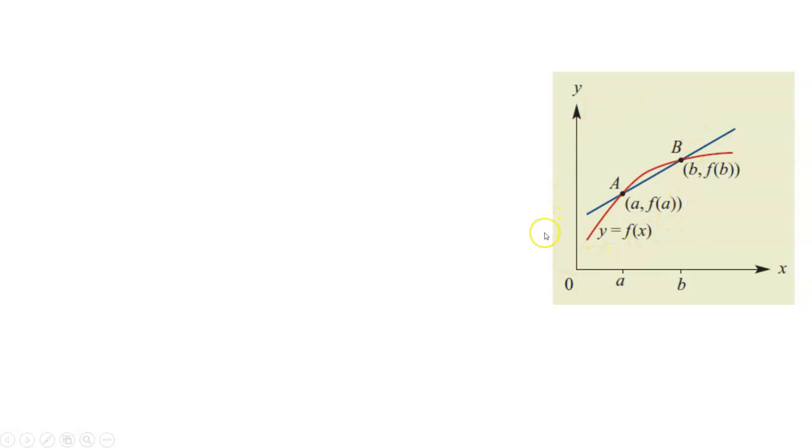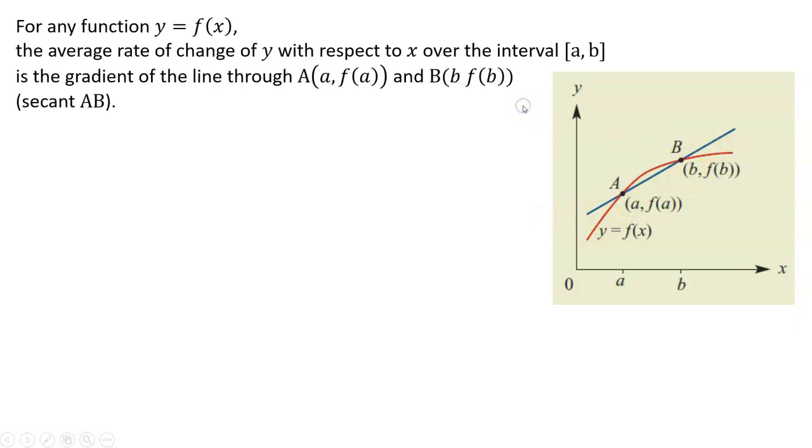So here's an example not necessarily involving a car, where we've got our curve here, the red part, and our blue line here is our secant.